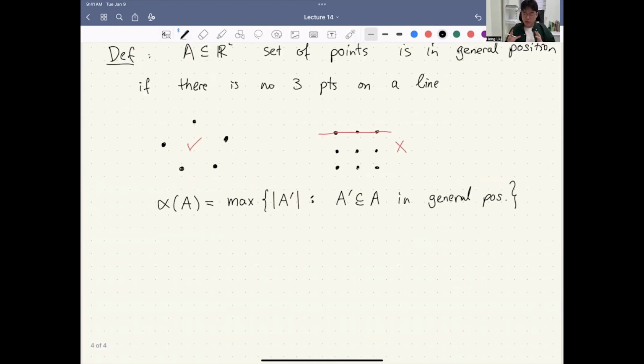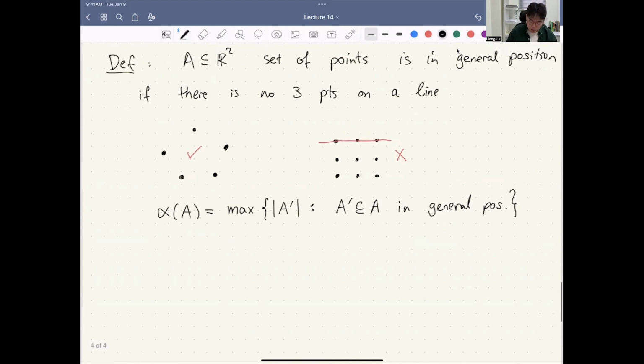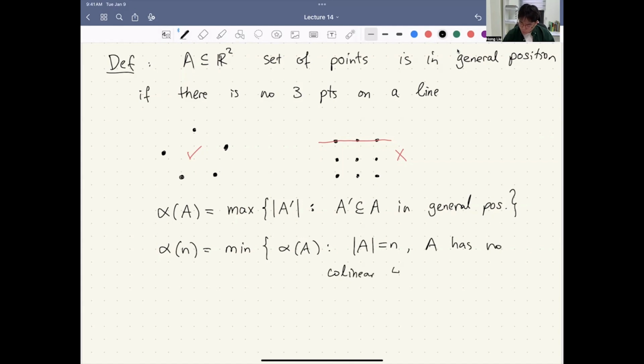Find the largest subset of A with no 3 points on a line. That's alpha of A. Now we define alpha n to be the minimum of alpha of A over all A of size n in the plane, such that A has no collinear 4-tuple.